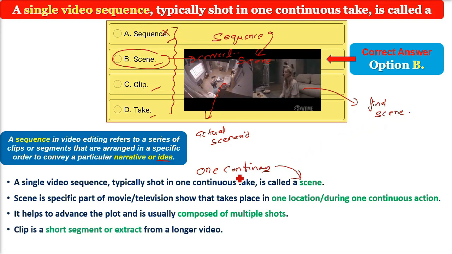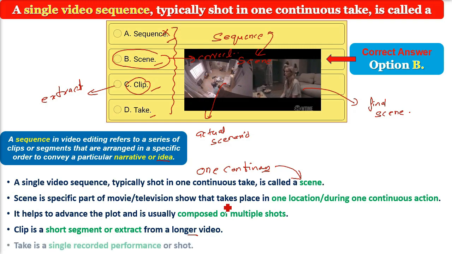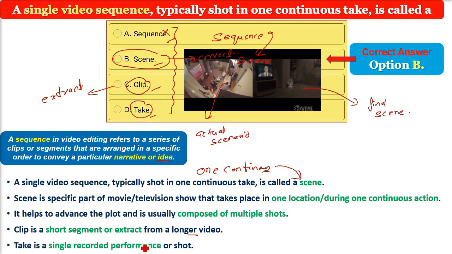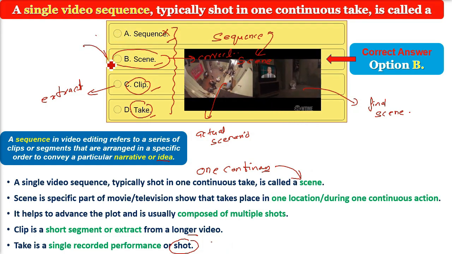In contrast, a clip refers to a short segment or extract from a longer video, while a take, which is option number 4 here, refers to a single recorded performance or shot. So the most appropriate term for a single video sequence is a scene.